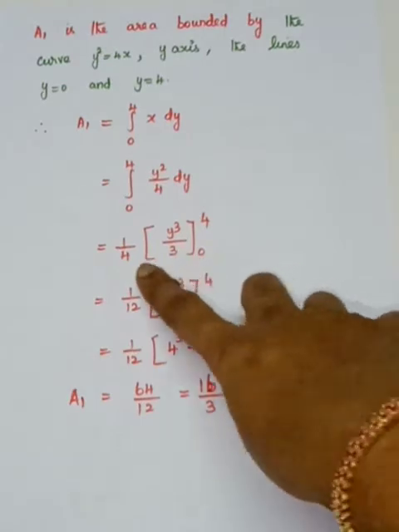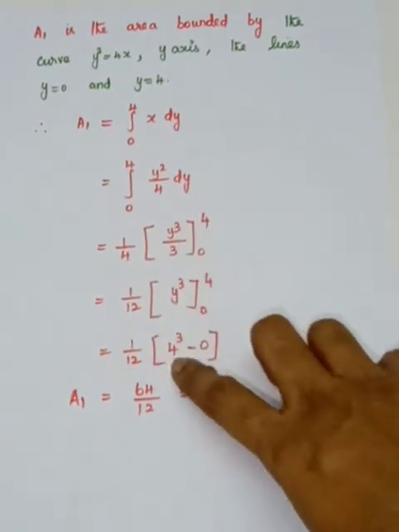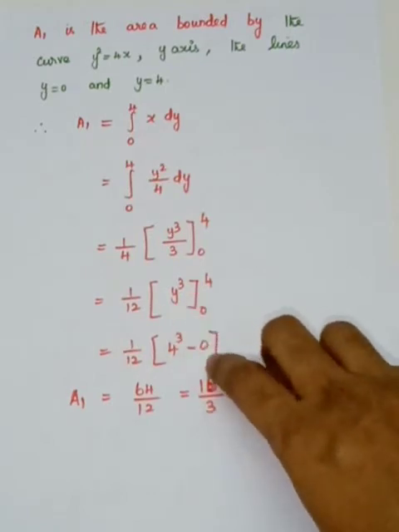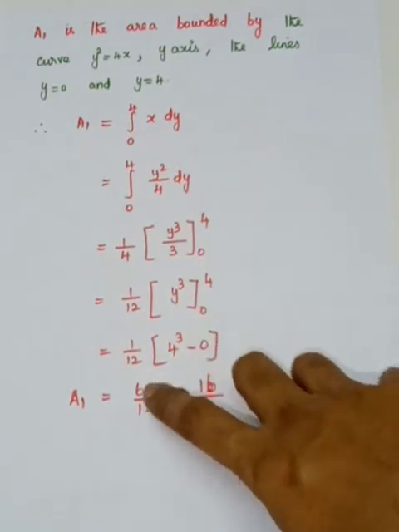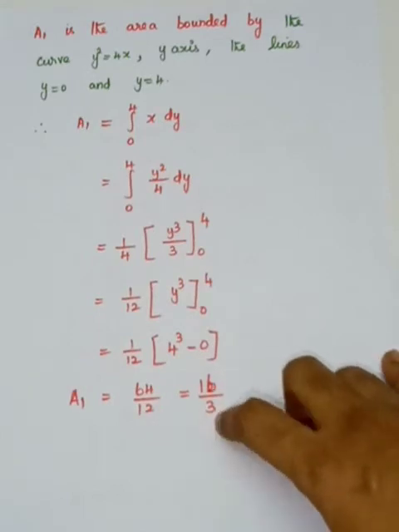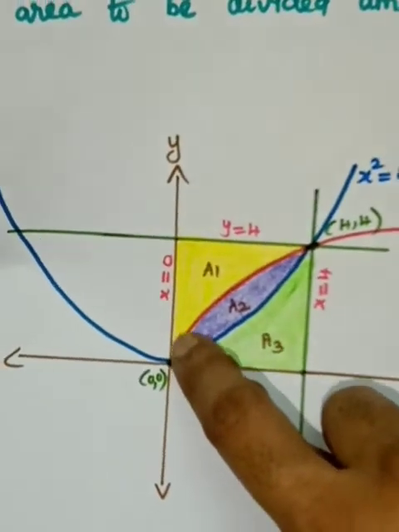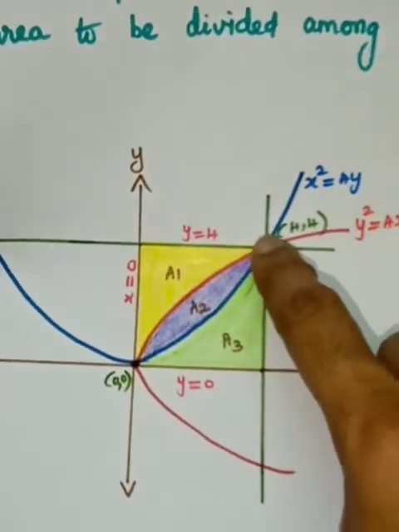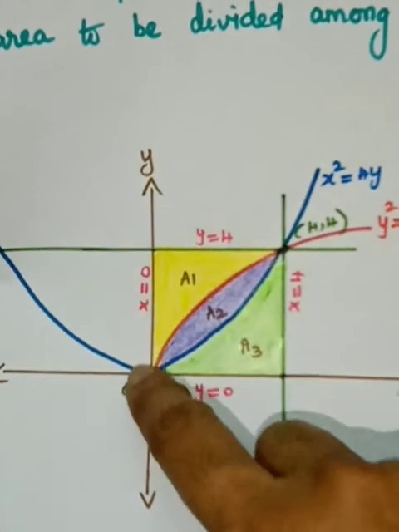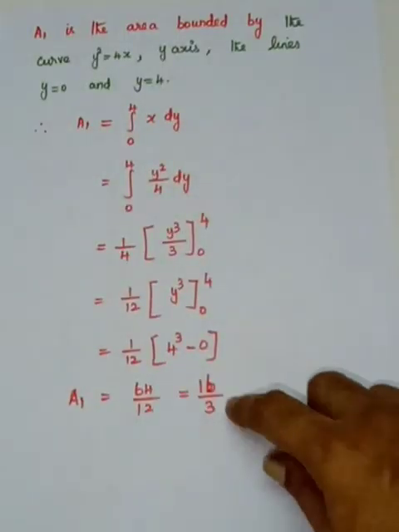This 3 also is taken out, so 1 by 12. If you apply the upper limit, 4 cube minus lower limit 0. What is 4 cube? It is 64. 64 by 12, if you cancel with 4, it is 16 by 3. So the area bounded by the red color parabola, y-axis, y is equal to 0 to y is equal to 4 is 16 by 3.